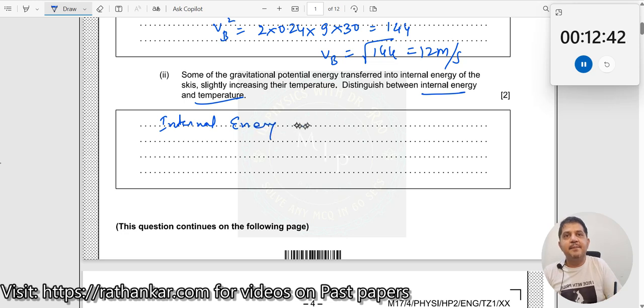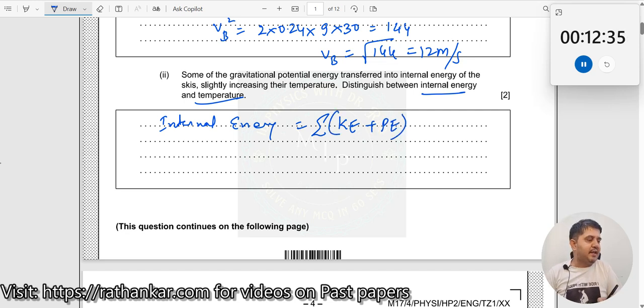Internal energy is the sum of kinetic energy and potential energy, not of the person, but of the molecules. You take all the molecules and find the kinetic energy and potential energy; the sum of all those gives you the internal energy.